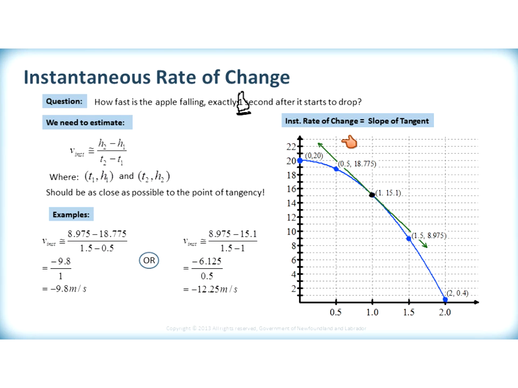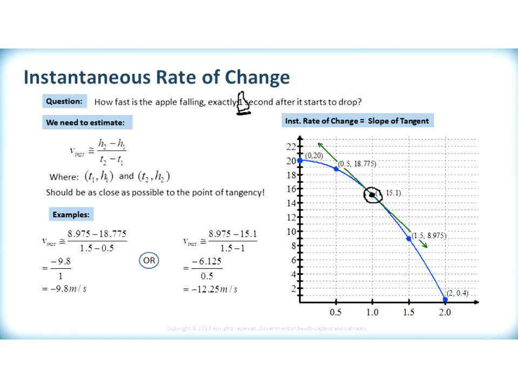So what we do is we find ways to estimate the slope of the tangent line. And the way that we estimate the slope of the tangent line is just by doing what we did for average rate of change. We draw a secant. So in this case, we choose the point of tangency that we have right here, and then we choose another point on the blue curve that's relatively close to that.